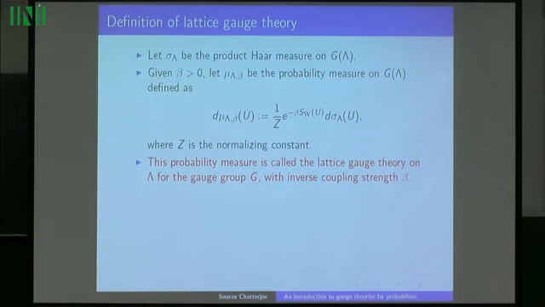And so is it essential that we're working on a graph like Z^d? We can't do it on, like, triangles? So for the triangular, if you want to do a different lattice, I'm sure you can do it. You have to appropriately figure out what the suitable action should be. We'll see where this action is coming from.